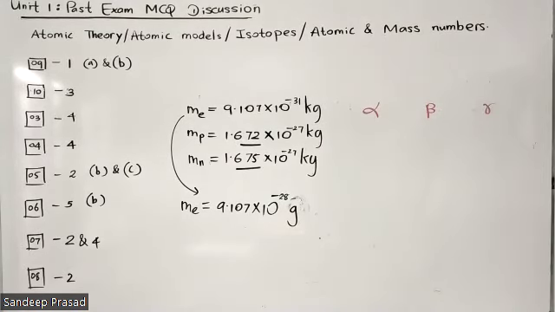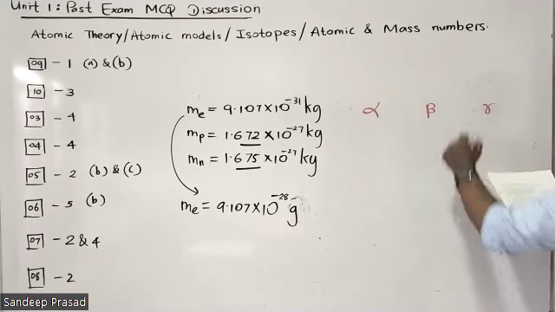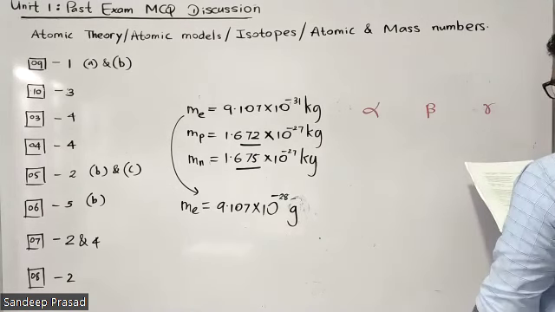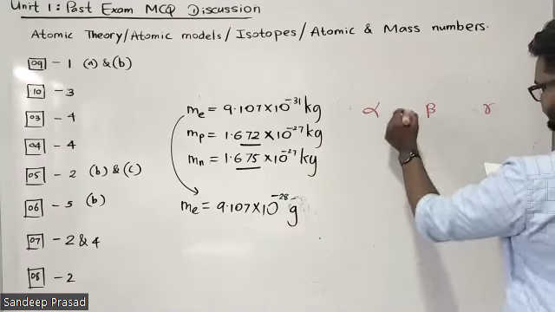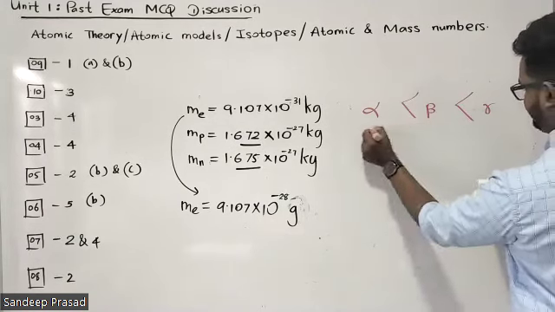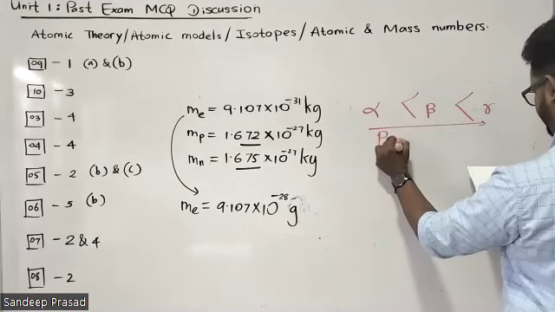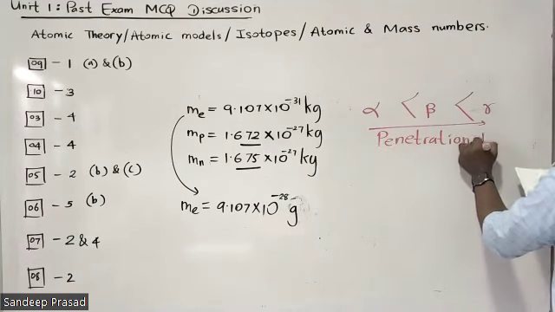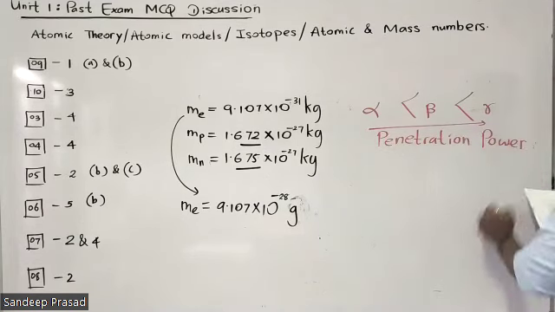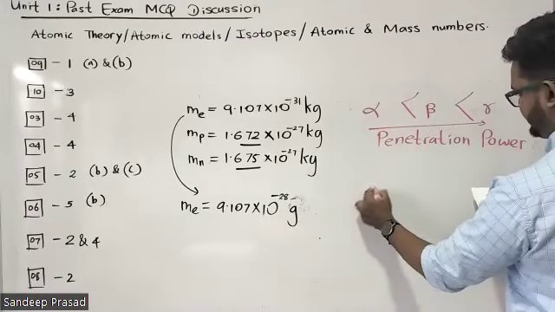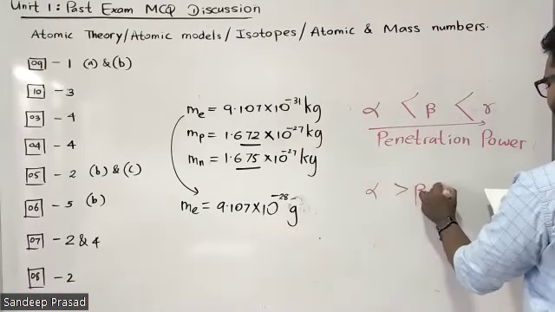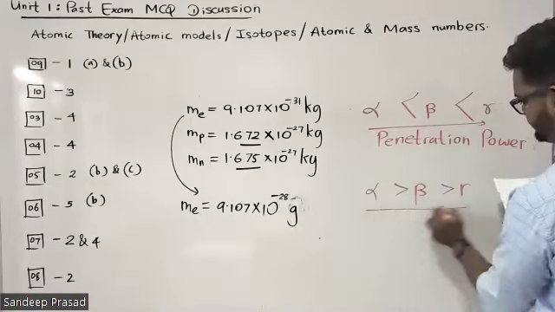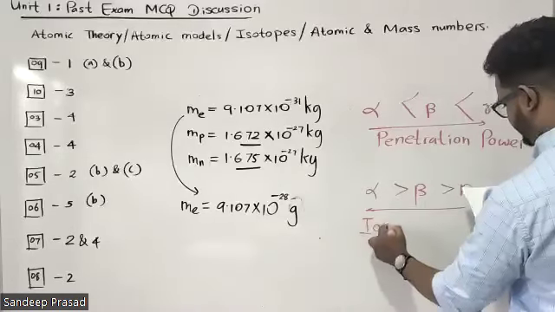When you consider alpha, beta, gamma, remember always the penetrating power. Penetrating power is increasing in this direction, right? Penetration power is greatest in gamma particles. When you consider ionizing power, it is greatest in alpha particles, right?